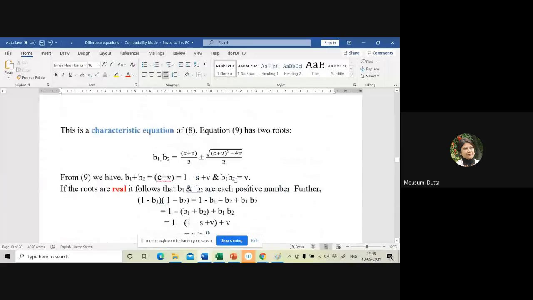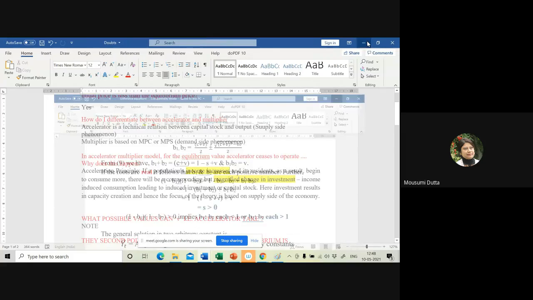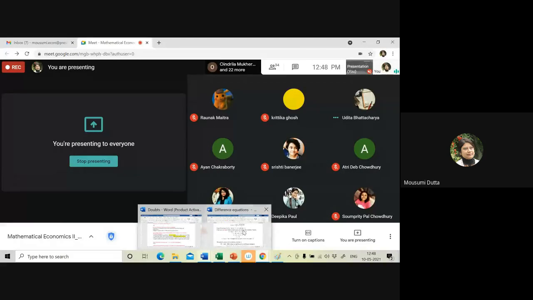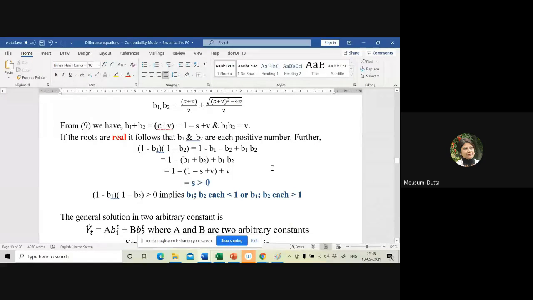So this was the Higgs-Hamilton model. When do we get uniform oscillation in the Higgs-Hamilton model? Yes, these questions are based on the Higgs-Hamilton model. I'm showing you the Higgs-Hamilton model only.